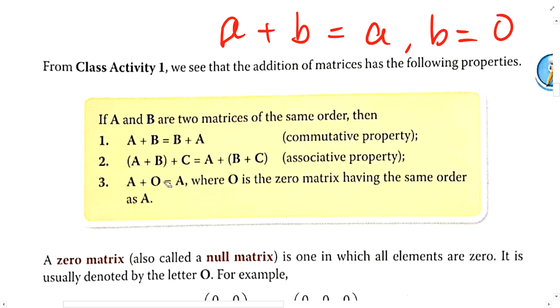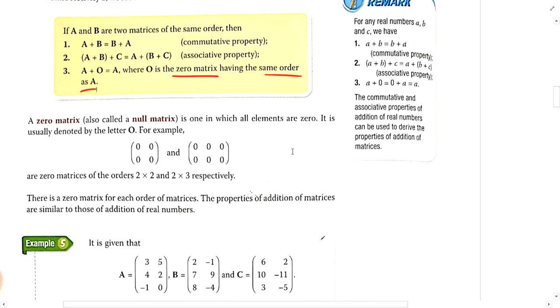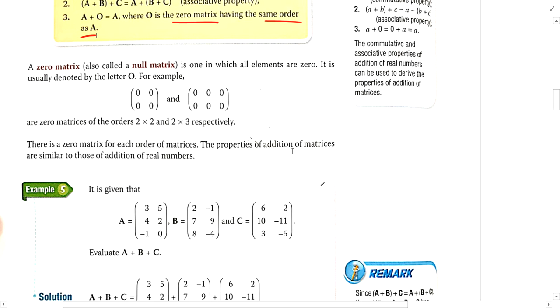Over here, matrix plus something gives you the same matrix, so this must be some equivalent of 0. In matrices, it is known as the 0 matrix. There is a name for it, and it has the same order as A. The 0 matrix is also known as the null matrix. Have you heard of this word before? Null. When have you heard it?